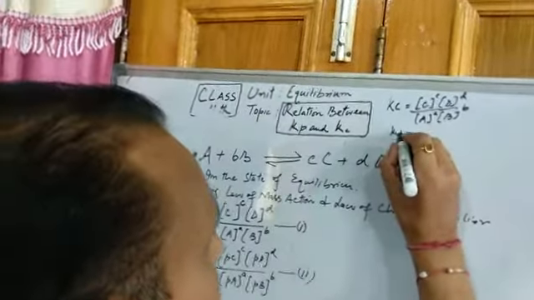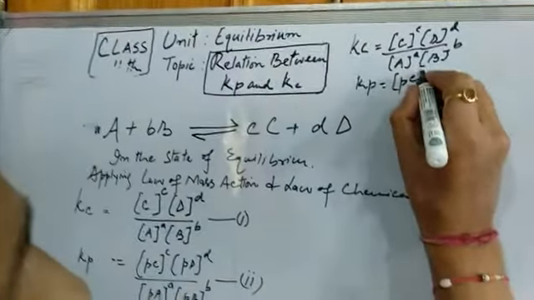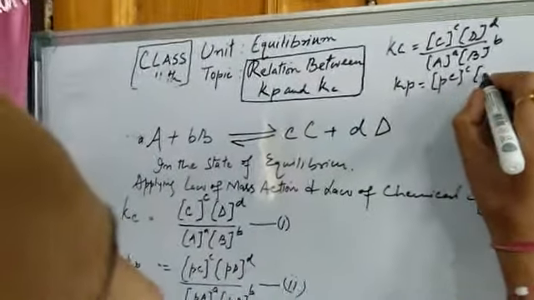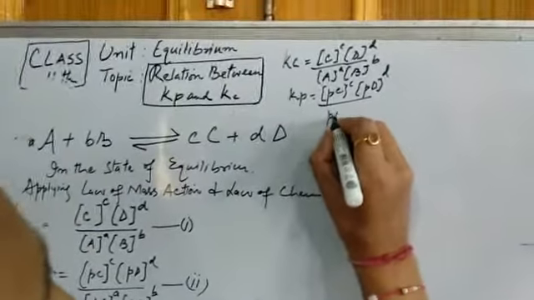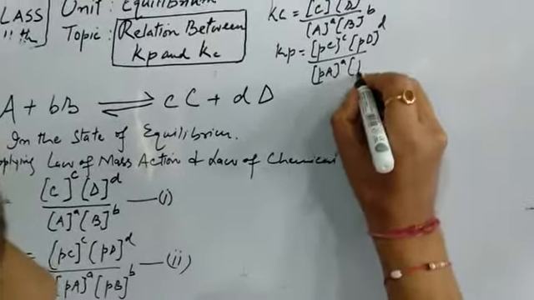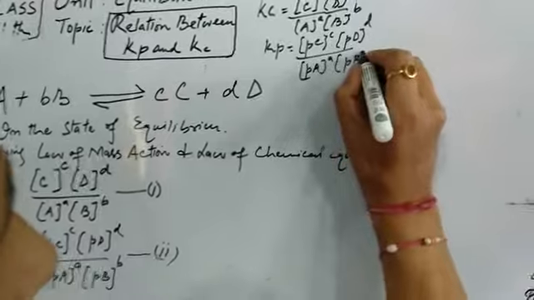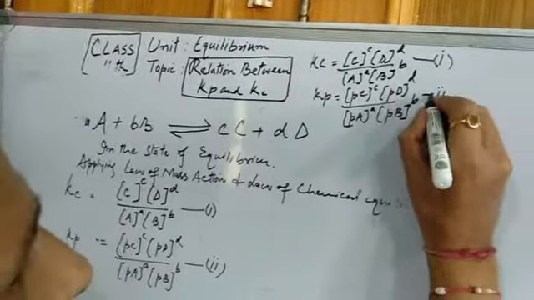Then for Kp it is Pc raised to power small c, Pd raised to power d, upon Pa raised to power small a, and then Pb raised to power small b. This is equation first and this is equation second.